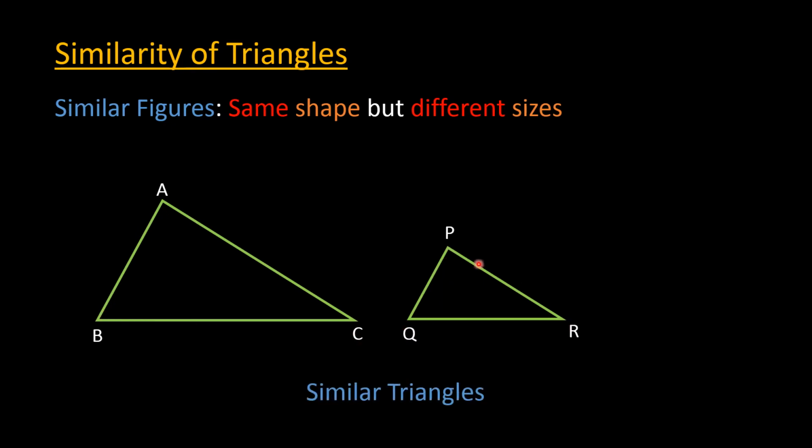There are specific conditions required to make two triangles similar. Let us see what are those conditions. First, let us understand what is one-to-one correspondence between the vertices of two triangles.